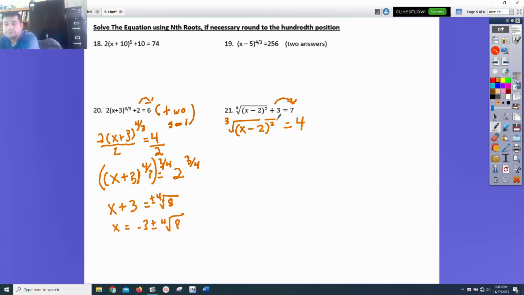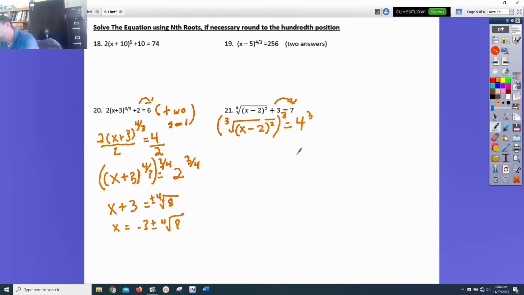There we go. Now there's lots of ways of doing this one. You can convert into exponential form and things like that. I'm going to fix this root. This is a cubic root, so to fix it, I'm going to raise both sides to the third power.